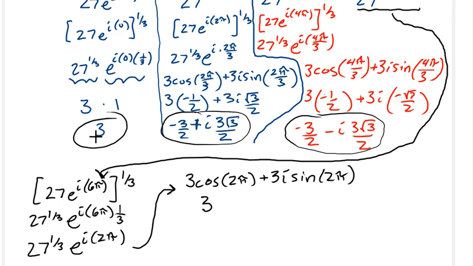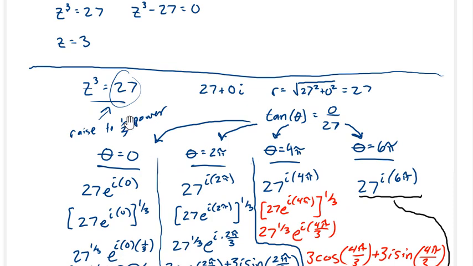So what happens here is that whenever you are solving an equation like this, you want to express the number that you're going to raise to your fractional power in a number of different ways. How many ways?